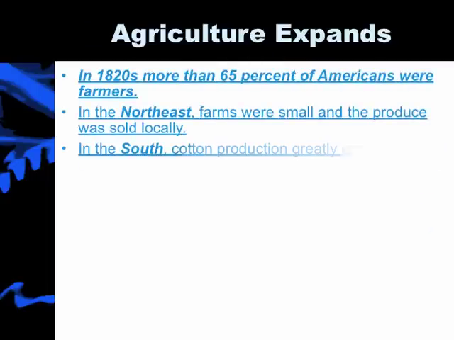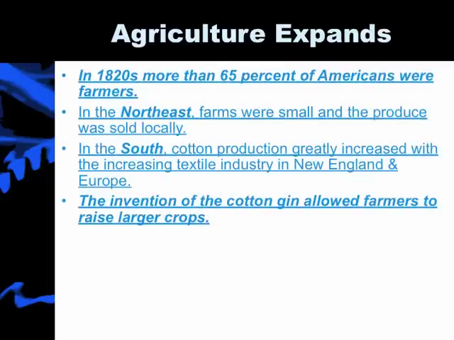Agriculture is going to expand predominantly in the South. However, in the 1820s, more than 65% of Americans were farmers. In the Northeast, farmers were small, and the produce was sold locally. In the South, however, cotton production greatly increased with the increasing textile industry in New England and Europe. So this goes back to the law of supply and demand.